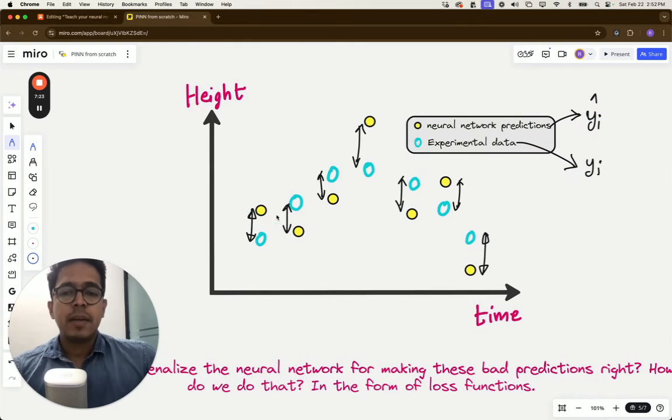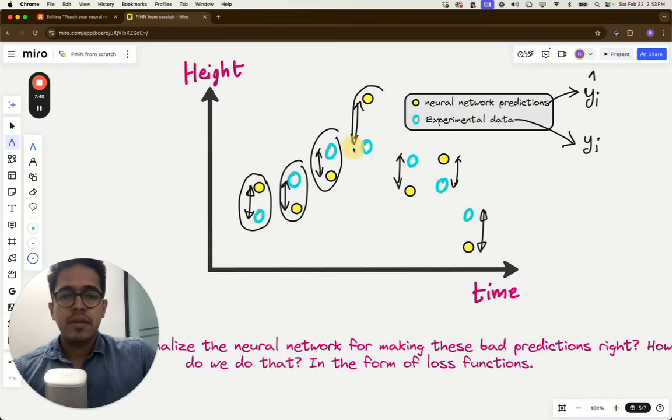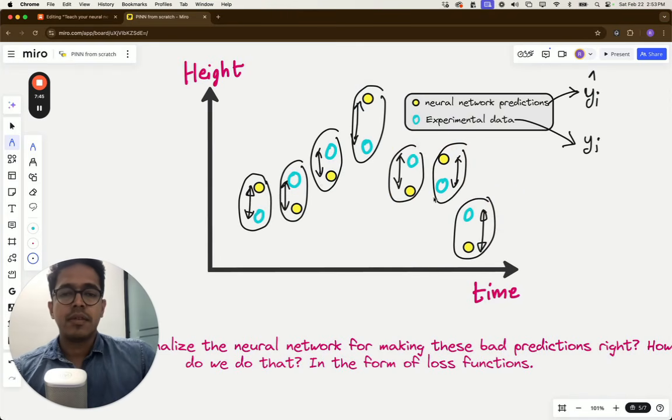So whenever the experimental data, the blue circles, are above the yellow circles, you have a positive error. Otherwise, you have a negative error. So now think about what's happening here. Positive errors and negative errors will cancel each other. For this data point, you have a negative error. For this data point, you have a positive error. Here it is positive, here it is negative, positive, negative, positive. So a bunch of these positive and negative error pairs can simply cancel each other, reducing the overall loss.